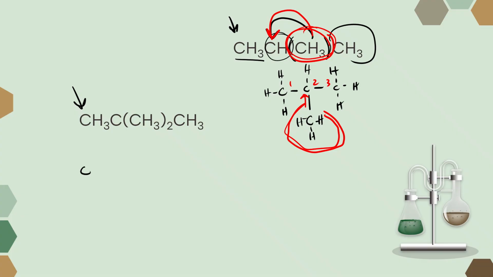Let's look at this other example. We've got CH3, and then we've got a carbon. And stuck to that carbon are 2 CH3s, 2 methyl groups on this carbon. So I'm going to draw that carbon. I'm going to draw those 2 methyl groups.